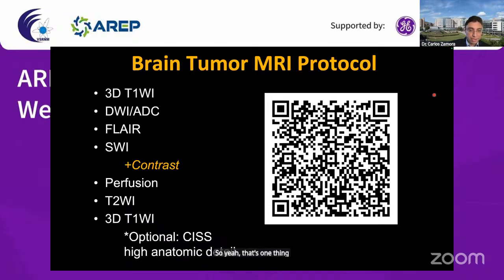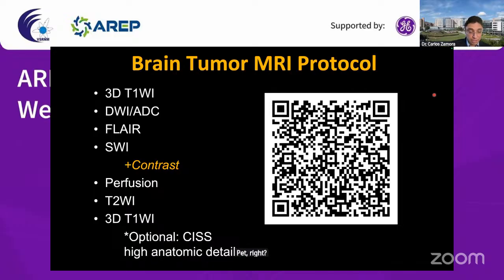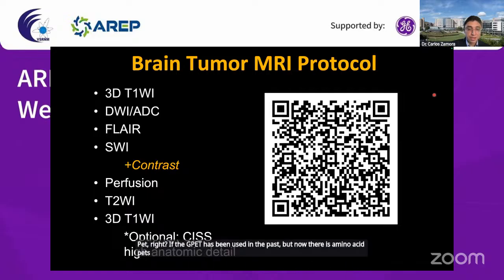And if I might mention as well, nuclear medicine, of course. I do not do nuclear medicine, but PET, right? FDG PET has been used in the past, but now there's amino acid PETs, right? Some of them are being used successfully in Europe, to try to help with questions of progression and pseudoprogression.